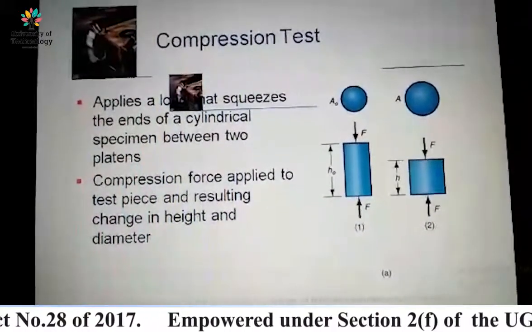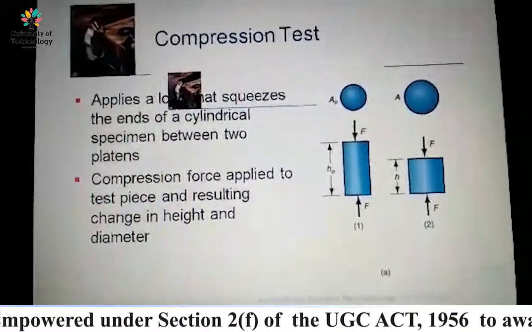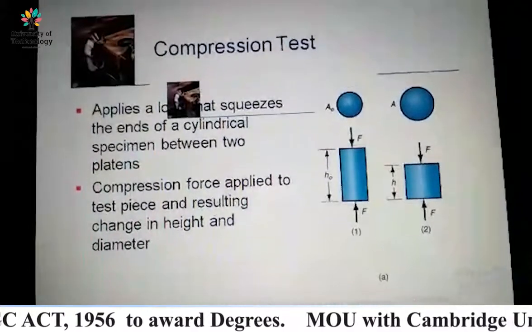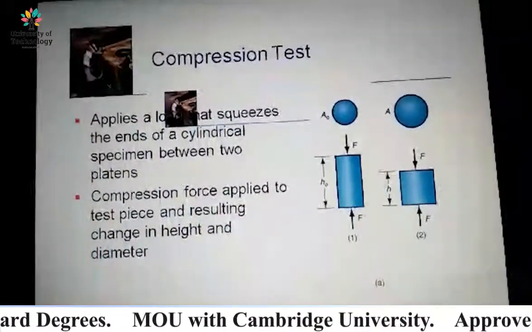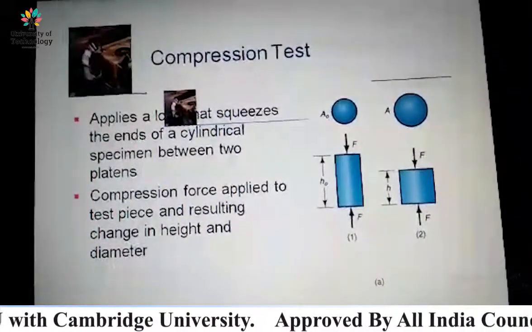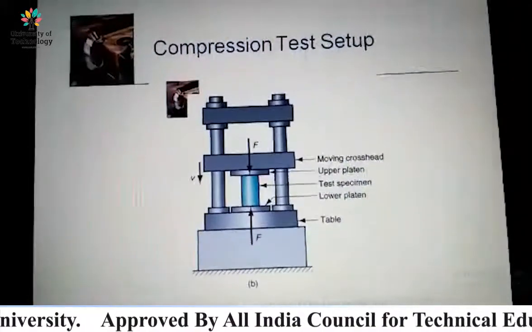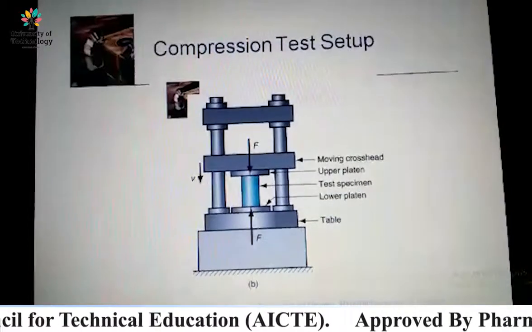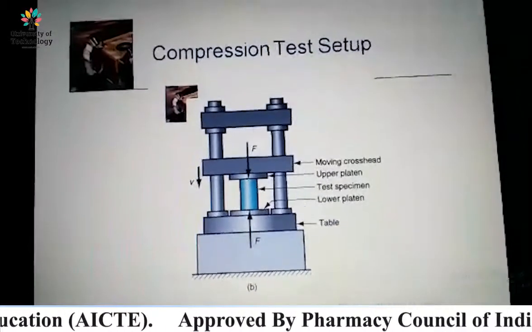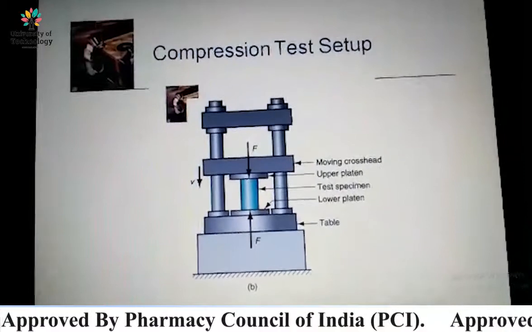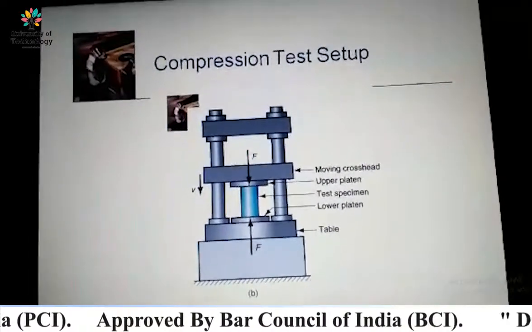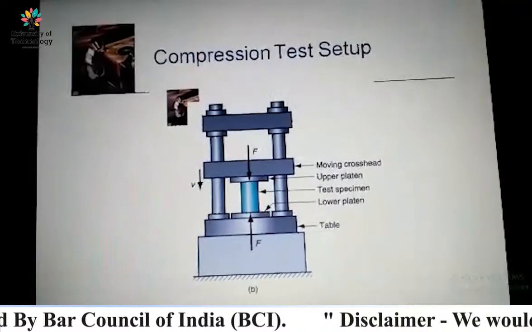So you can see this figure, and this is the compression test. We can compress any specimen by reducing its length, right? And this is the compression test setup. This is the compression testing machine, and you can see that this is a UTM, meaning universal testing machine. In this machine we can perform two tests: tensile test or compression test.